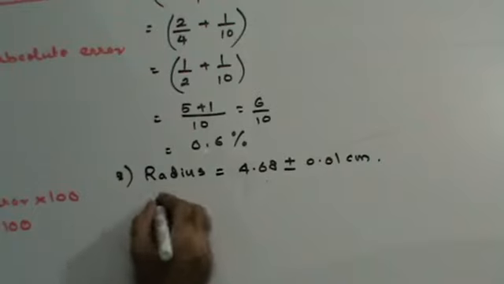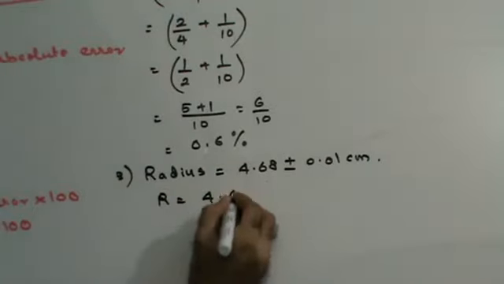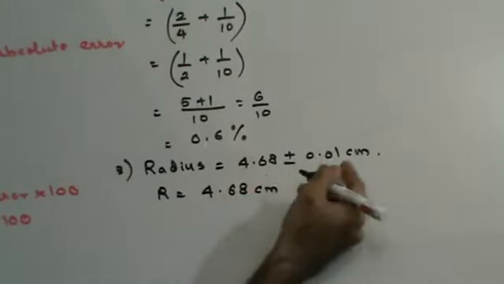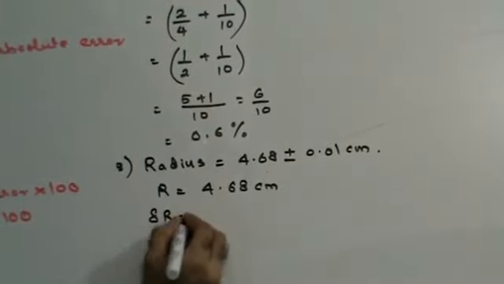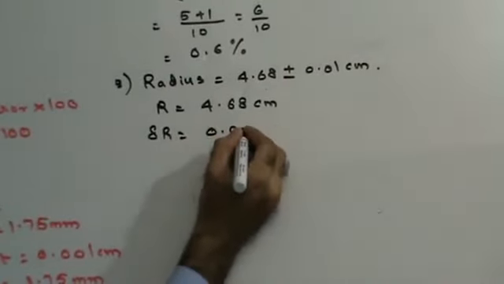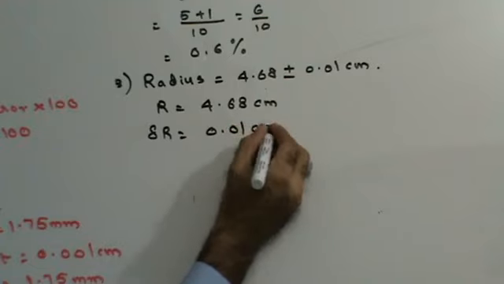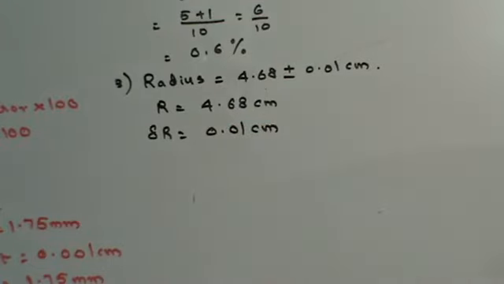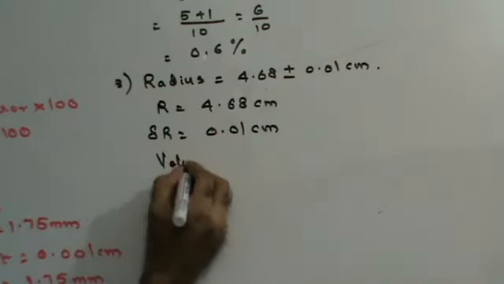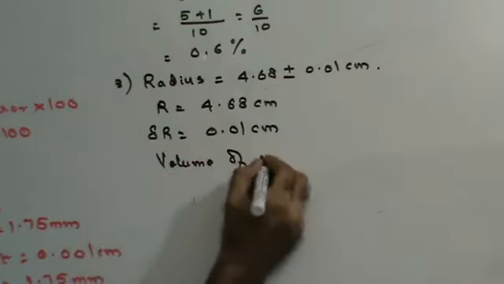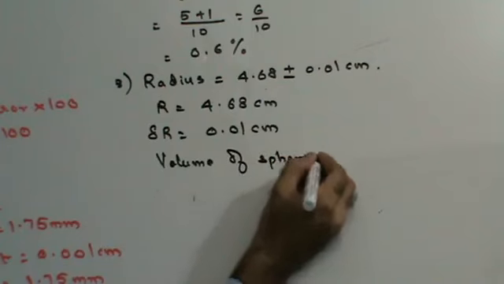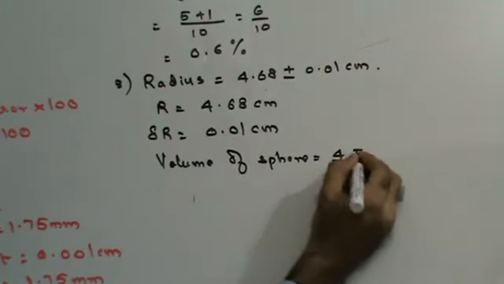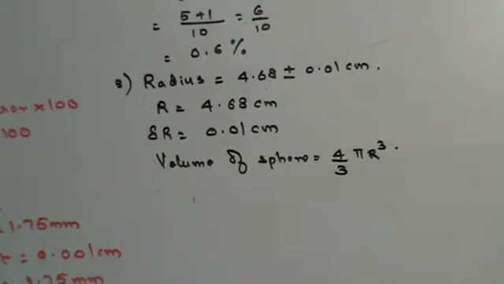Now, they've given you radius is 4.68 centimeters. Plus minus indicates the error in radius. Error is 0.01 centimeters. I want to find out the error in the measurement of volume. Volume of sphere is 4 by 3 pi r cube.